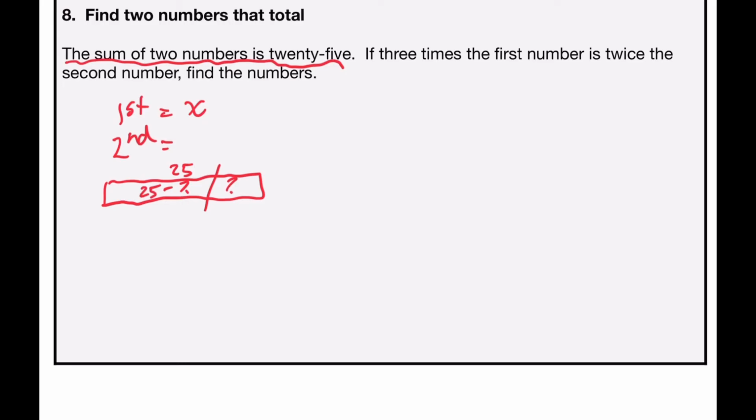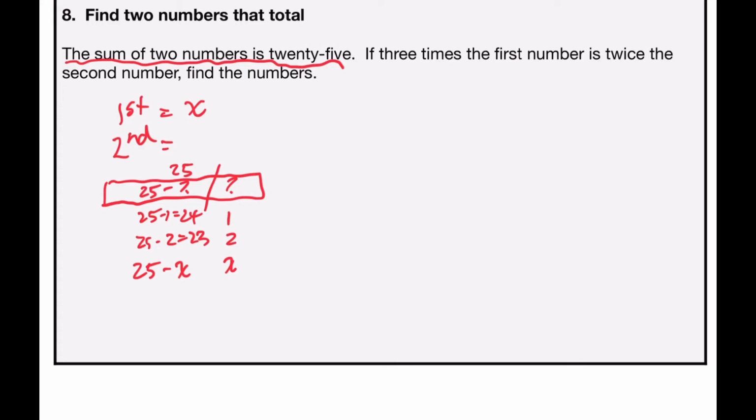For example, if I cut off 1 inch, what's left would be 25 minus 1, or 24. If I cut off 2 inches, what's left would be 25 minus 2, or 23 inches. So if I cut off x from the board, what's left would be 25 minus x.